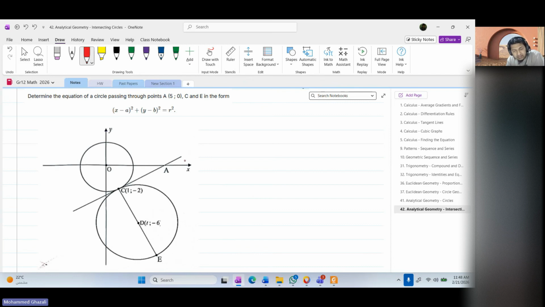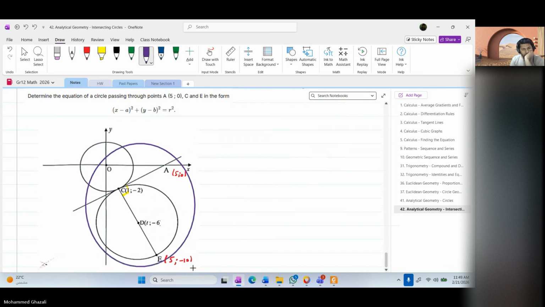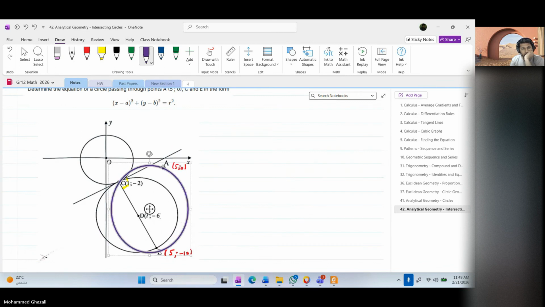So the coordinates of A is given, which is 5 and 0, right? E is 5 and negative 10, right? Why would they say to find the equation of the circle passing through ACE? Remember, this angle C is 90. So if I try to draw a circle, right, so I drew a circle around ACE.